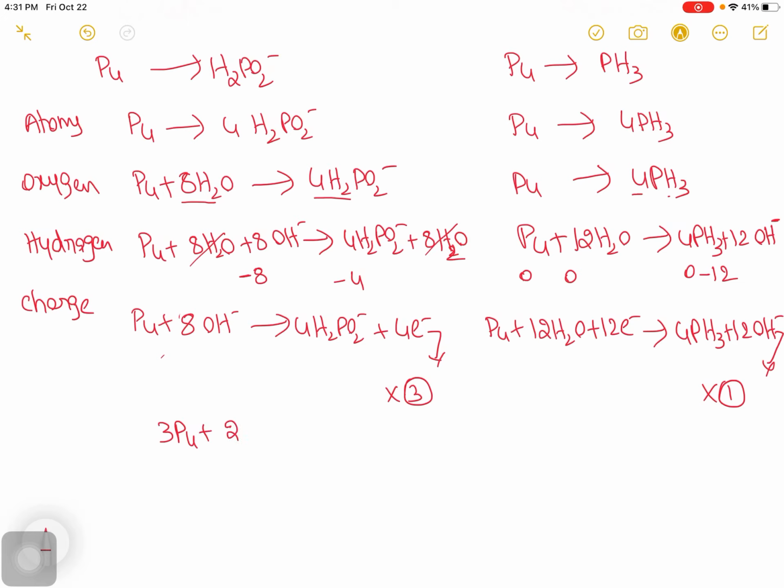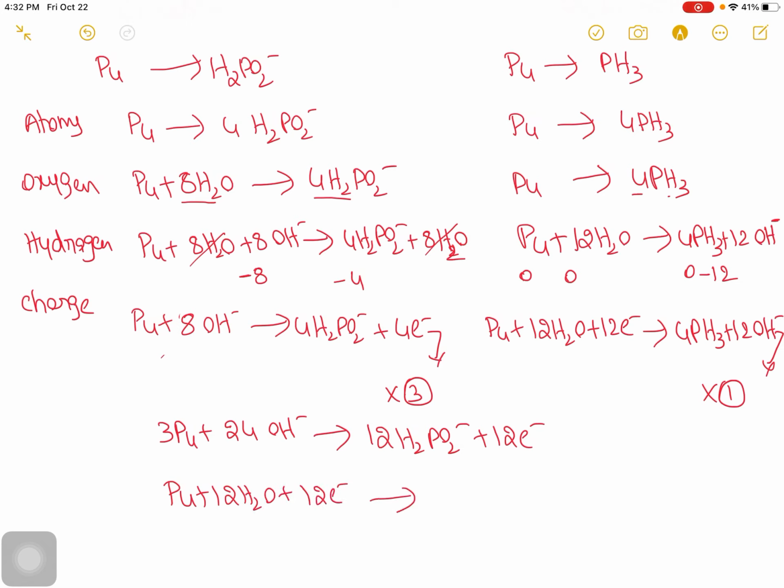So 3P4, the entire equation multiplied: 24 OH minus gives rise to 12H2PO2 minus plus 12 electrons. And the second equation as it is: P4 plus 12H2O plus 12 electrons gives rise to 4PH3 plus 12OH minus.